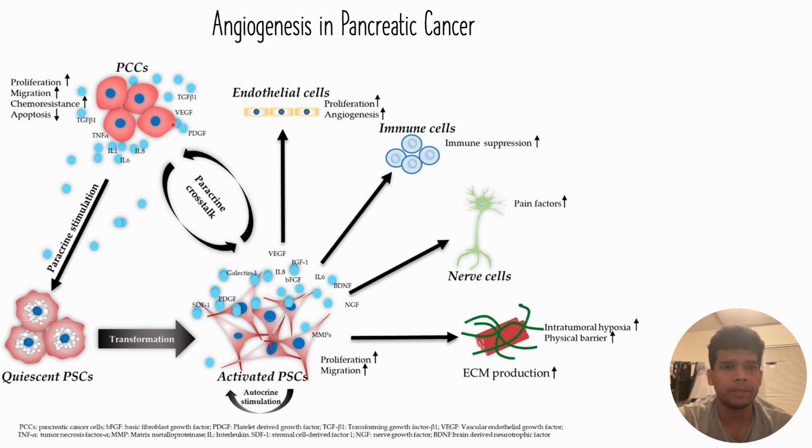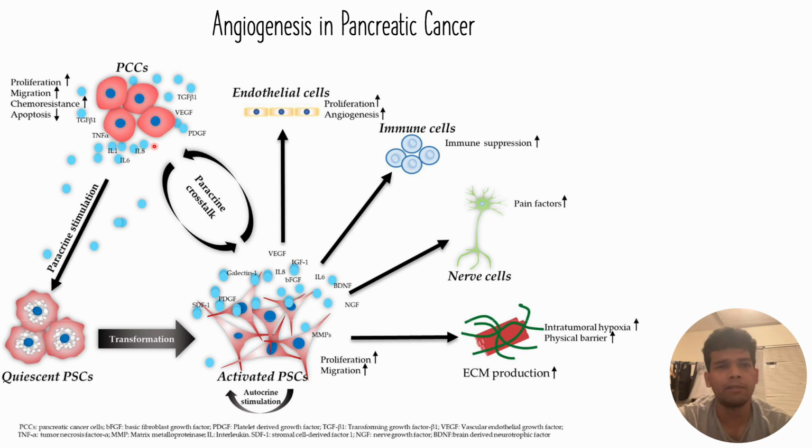In autocrine, a cell releases some growth factors that interact with the same cell's receptor and help in triggering some kind of signaling pathway within the cell. That is called autocrine.